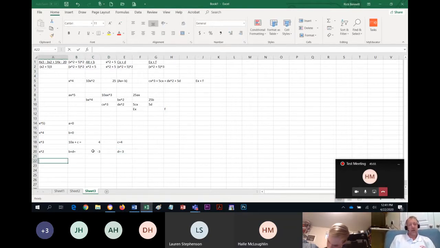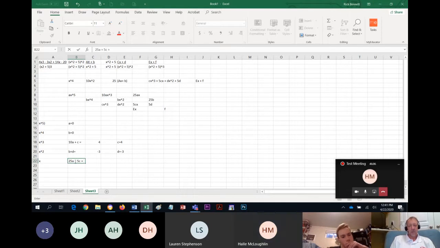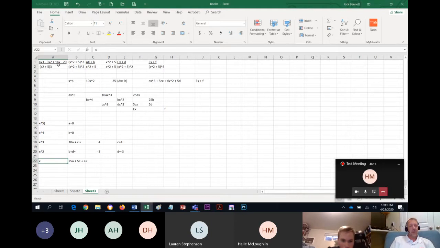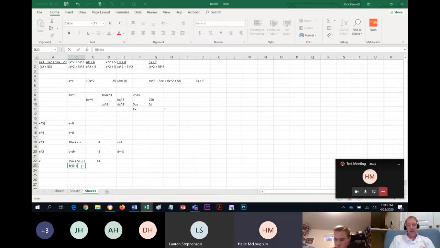Okay, then we have our x equation, which is going to be this column here. So I've got 25a plus 5c plus e is going to equal, that's my x term here, which is going to equal 14. Now a is 0, so that's going to drop out. So I'm going to end up with 5 times 4 plus e equals 14.